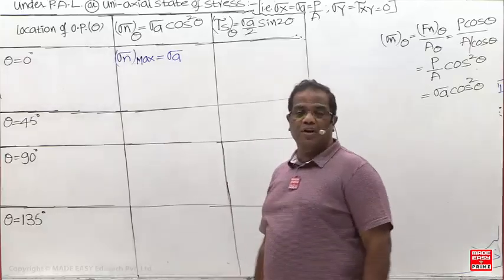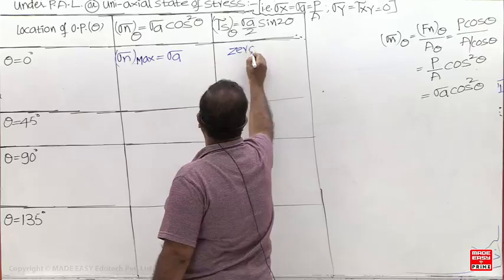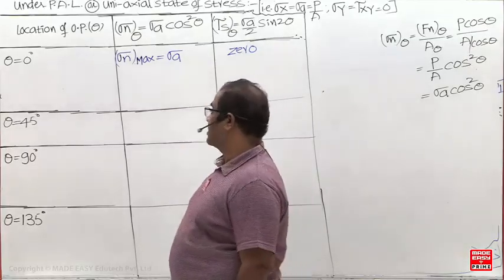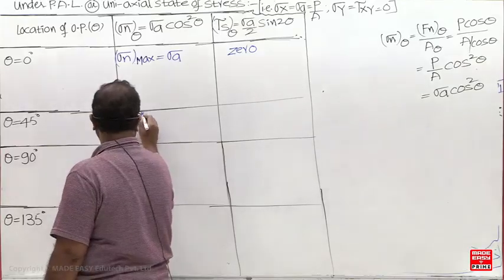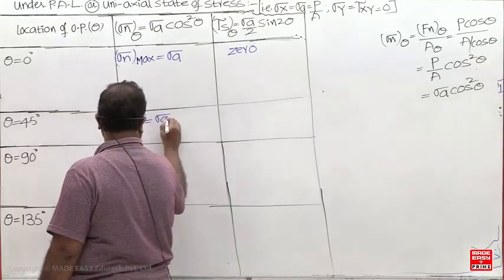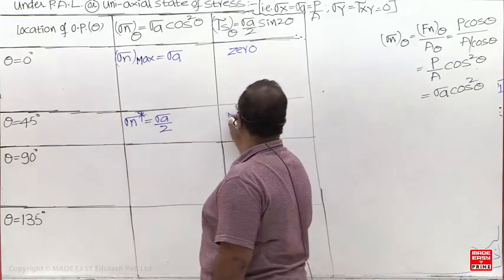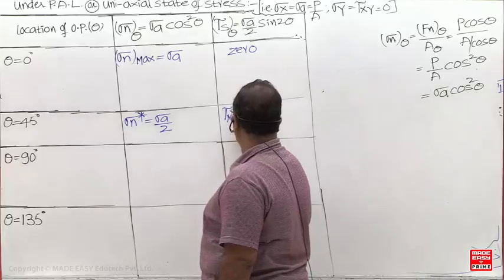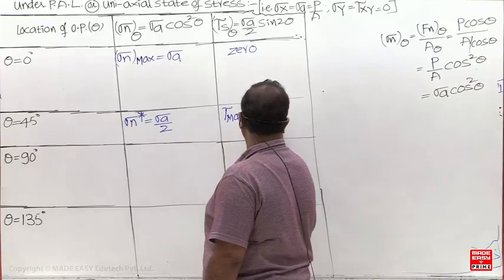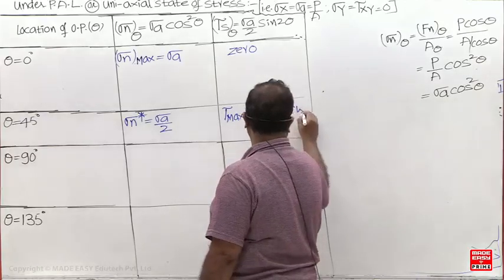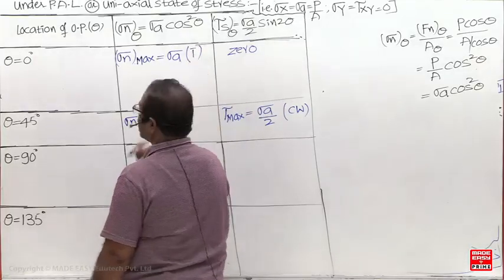At an angle of 0 degrees, normal stress is maximum. What is the shear stress? Zero. Next, at 45 degrees, normal stress is not maximum or minimum, some amount, and the shear stress is maximum. What is the meaning of capital T?